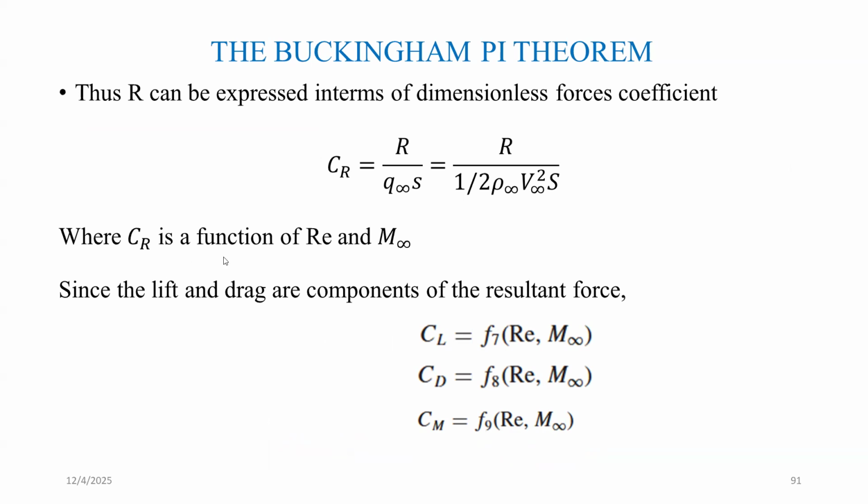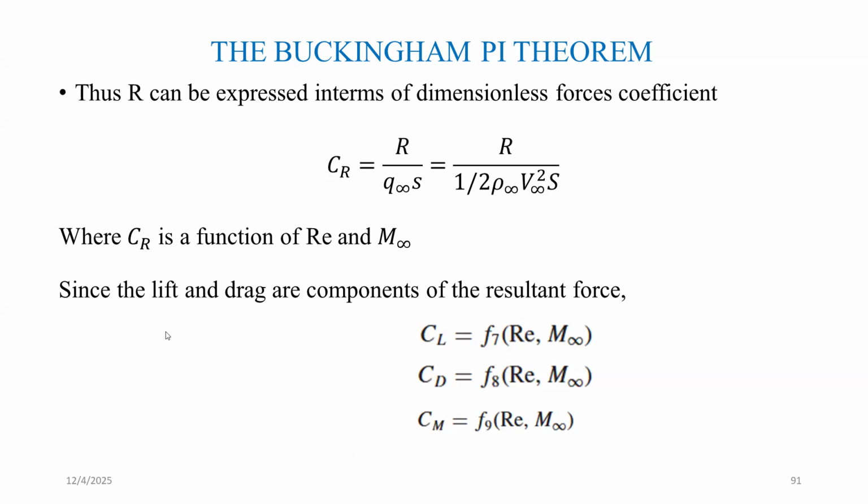CR is a function of also other important aerodynamic variables, which are Reynolds number and the Mach number. Reynolds number you are familiar with from your fluid dynamics course. The Mach number is the one we have discussed, the ratio of flow speed divided by sonic speed.